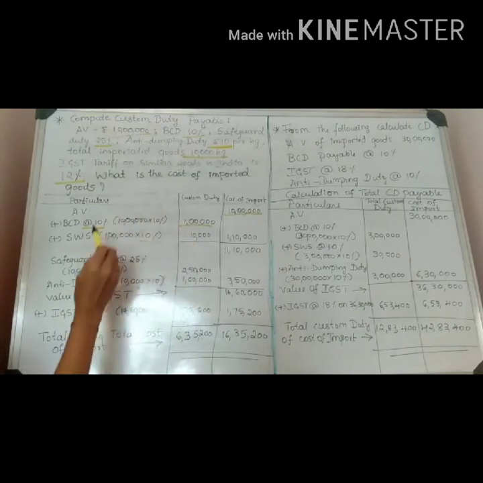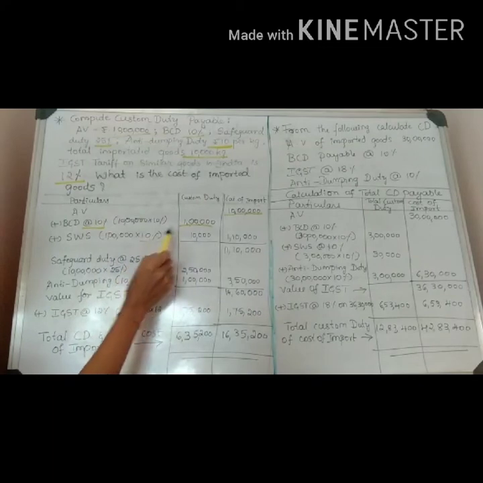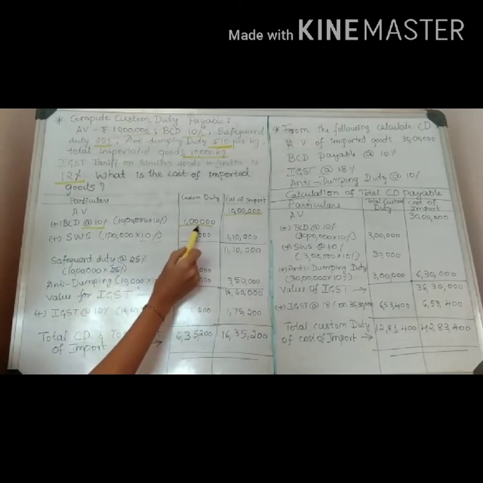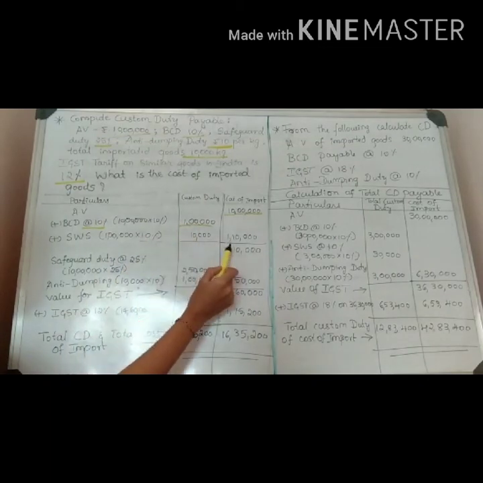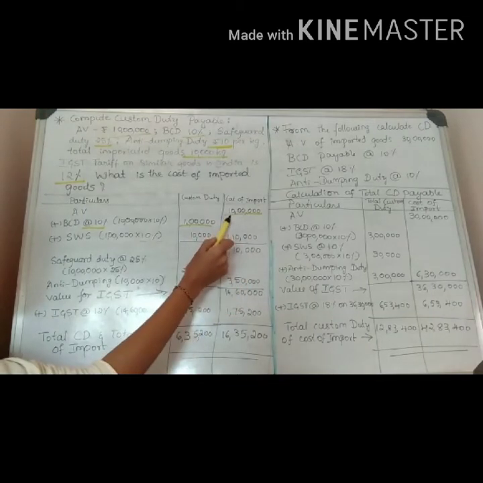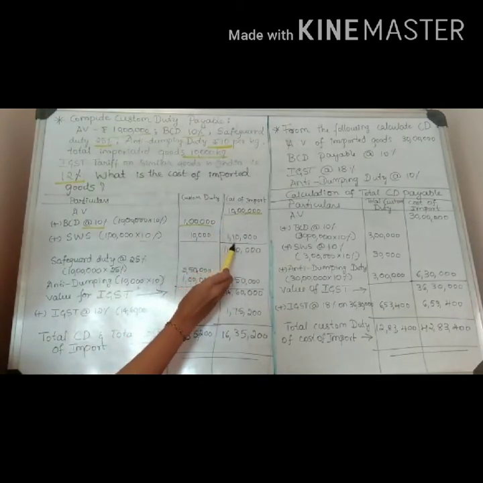Next, plus SWS, social welfare surcharge: 1 lakh into 10%, 10,000. So total BCD plus SWS is 1 lakh 10,000. So 10 lakh plus 1 lakh 10,000 is 11 lakh 10,000.